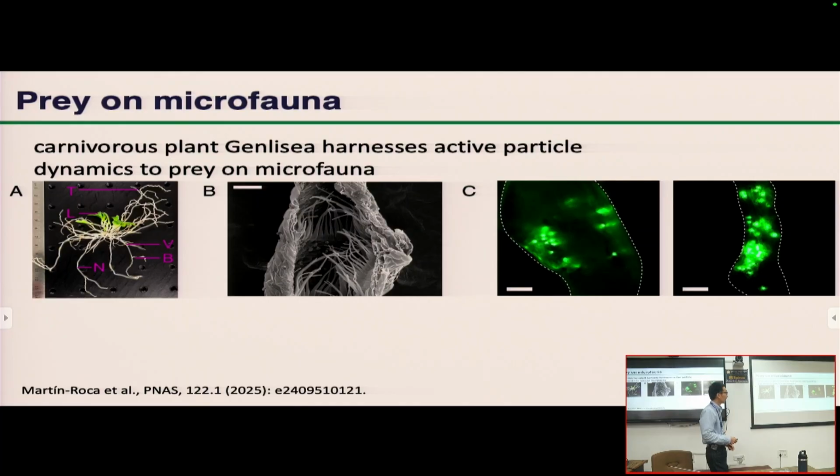What happens is that these plants make use of rectification to catch microfauna. If you do an experiment with just passive particles and put them into this chamber, they're not going to migrate upstream, which is where the plant consumes them. They migrate much less than active particles, because for active particles, going this way is easy and going down is difficult, so they get trapped there.